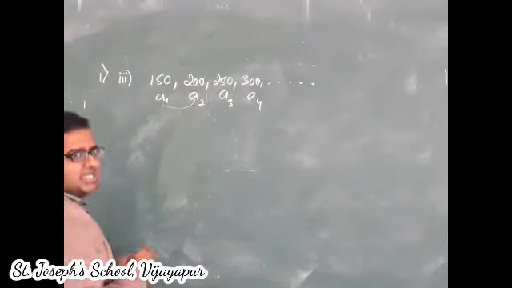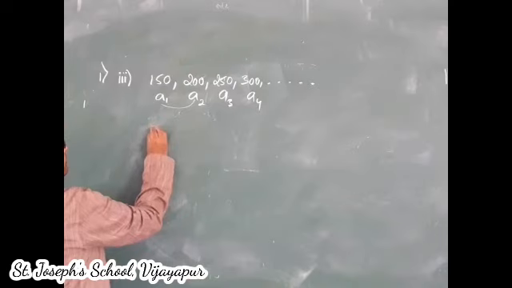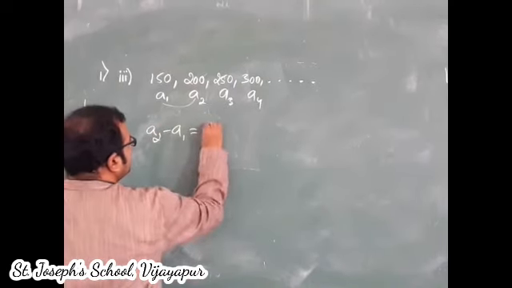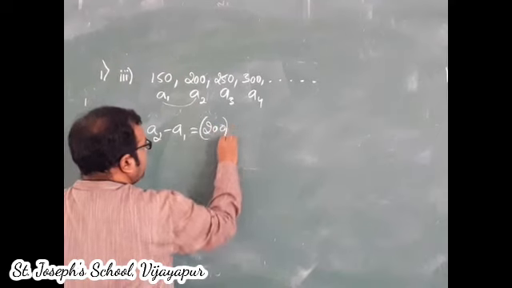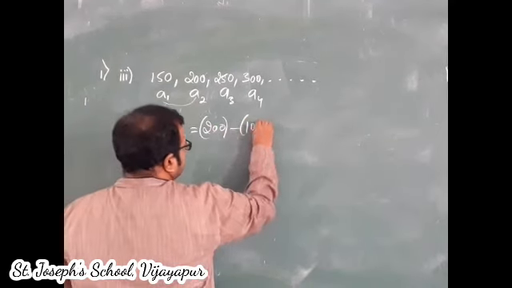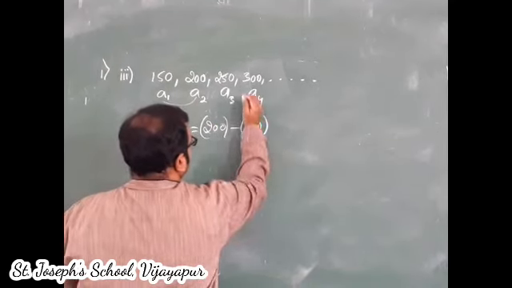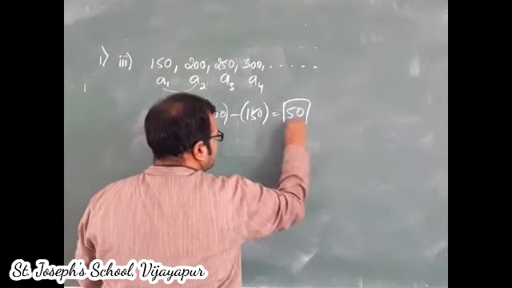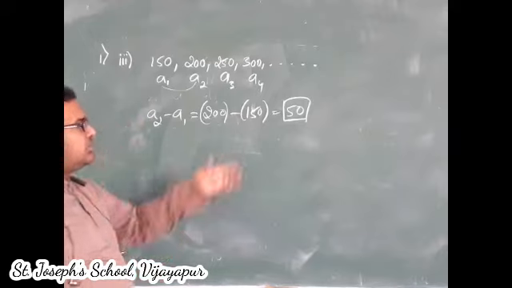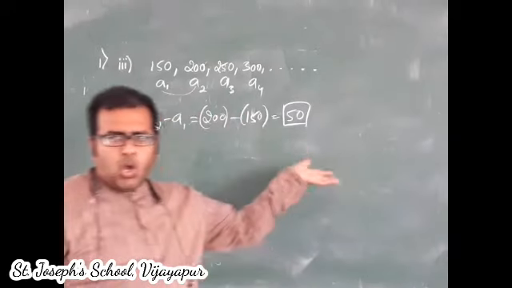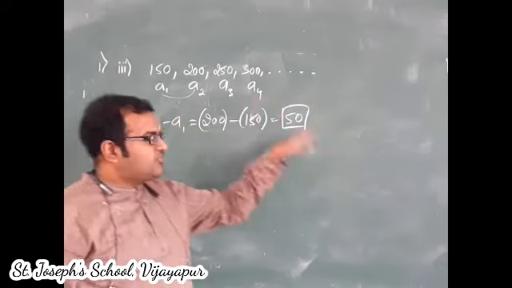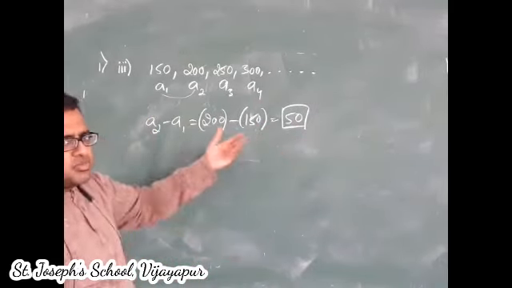First comes A2 minus A1. What is A2 minus A1? 200 minus 150, sorry. Answer 50, of course. This we knew from the starting that 50 was added for each further meter, so that must be the difference.